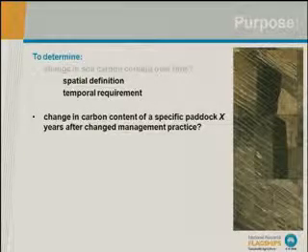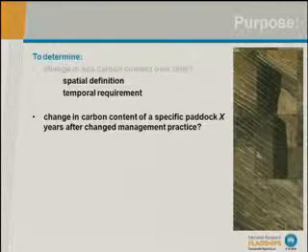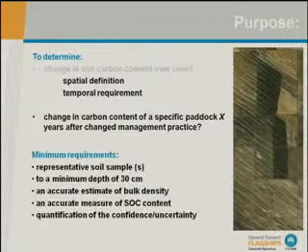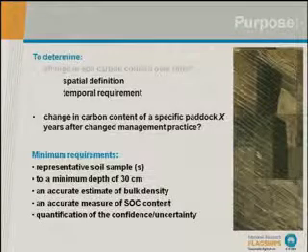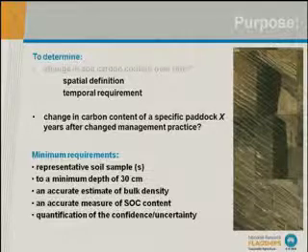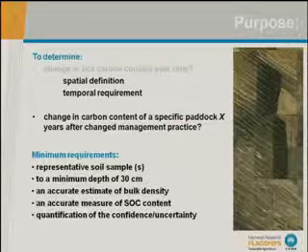So looking to better define that question, we might expand the focus to determine change in carbon content of a specific paddock after however many years of management change. And then we're beginning to get to the nitty-gritty in order to help us design our sampling strategies. So the minimum requirements that we need are to collect a representative soil sample or samples.